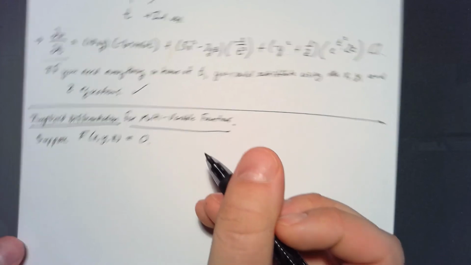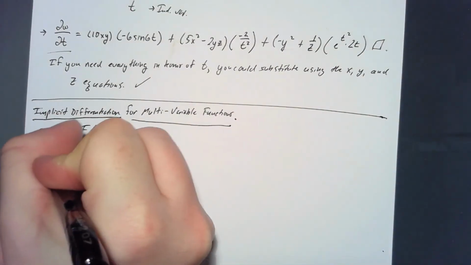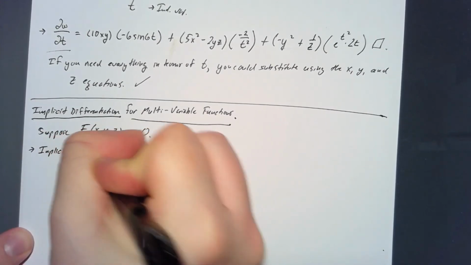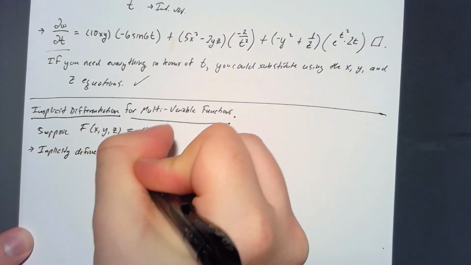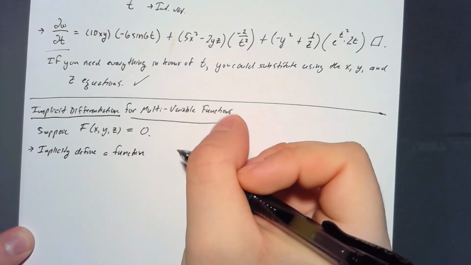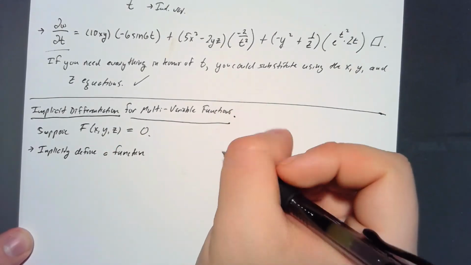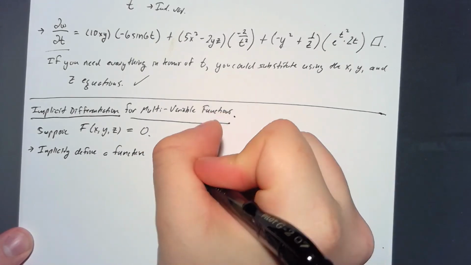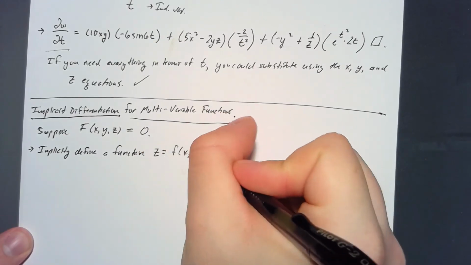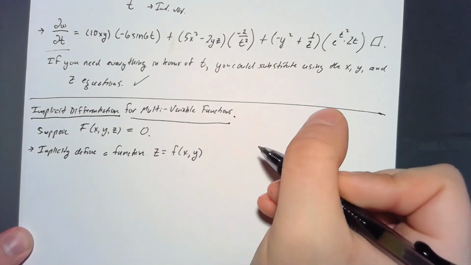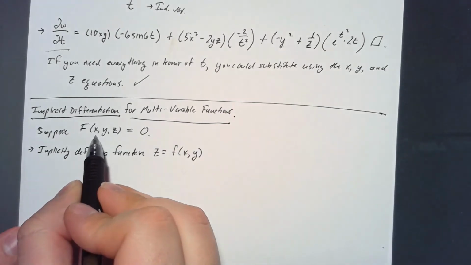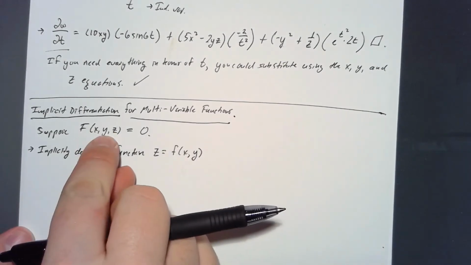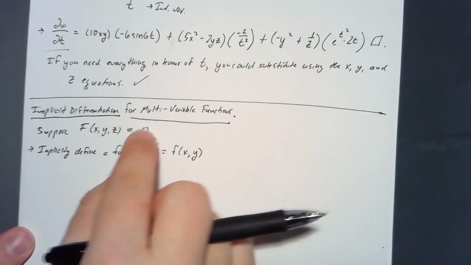So let's implicitly define a function z as a function of x and y. It doesn't matter if it's 3 variables or 2 variables. It's just a multivariate function. It could be 2, 3 variables or more, whatever, equals 0.